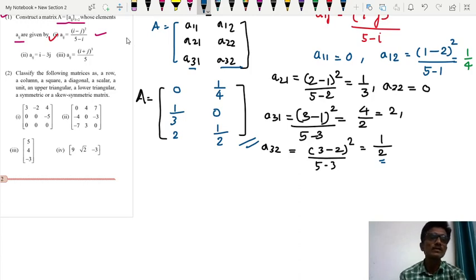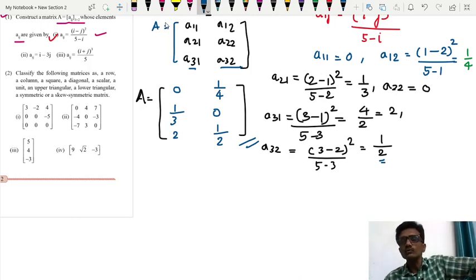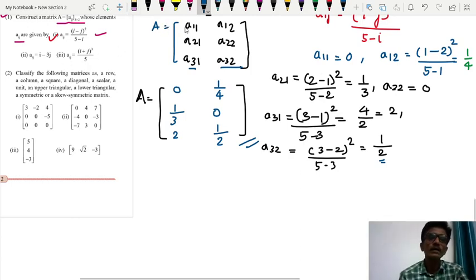Now next, taking the same example, that is a matrix of order 3 by 2, that is 3 rows and 2 columns. But here for the element Aij, we will take a different formula.